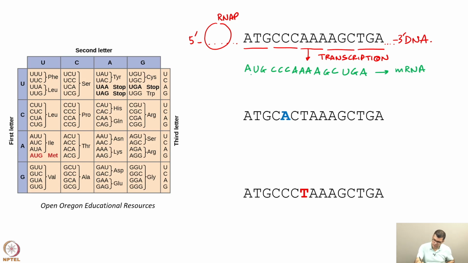So, I have purposefully written the DNA and hence the corresponding mRNA sequence starting with ATG, because this is where protein synthesis will take place. ATG is the signal for amino acid assembly to start, but there will be some nucleotides here also, and these provide the space for the two subunits of the ribosomal machinery to come and bind on the mRNA.